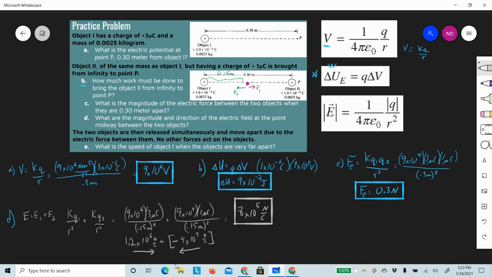The last problem, what's going to be the speed of the object when the objects are very far apart? Again, slightly unfair of me to ask you this about energy, but the energy is going to be the same. The energy lost will be equal to the kinetic energy gained.